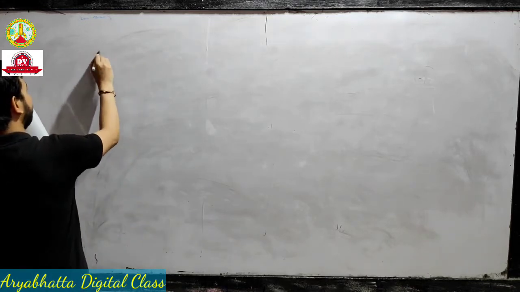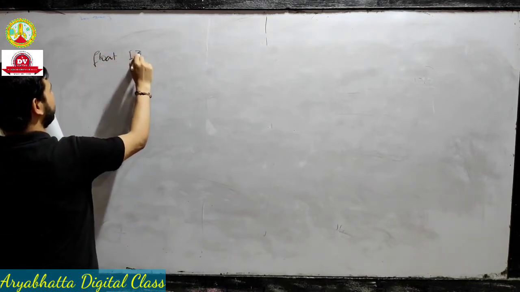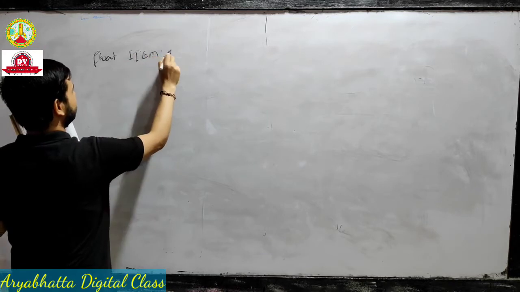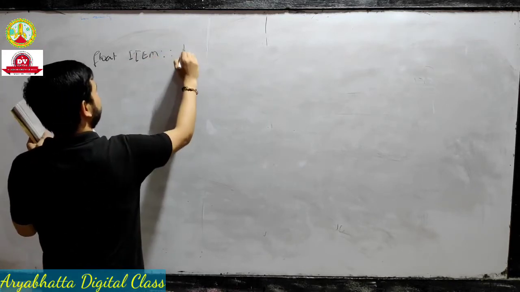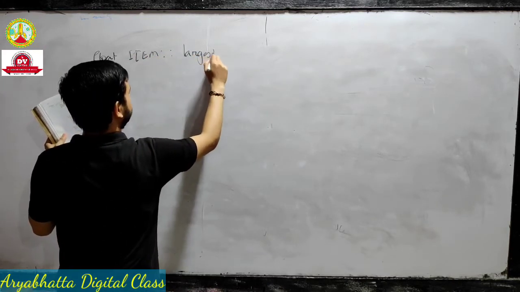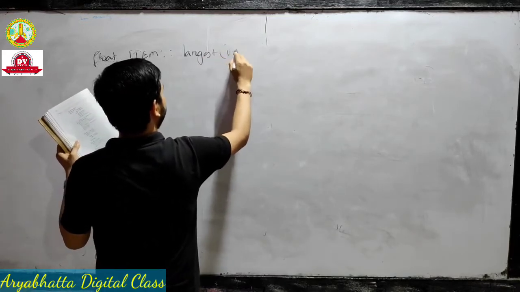And next I write the second member function, float. You just write from the beginning, okay. I just write it as float item largest void.